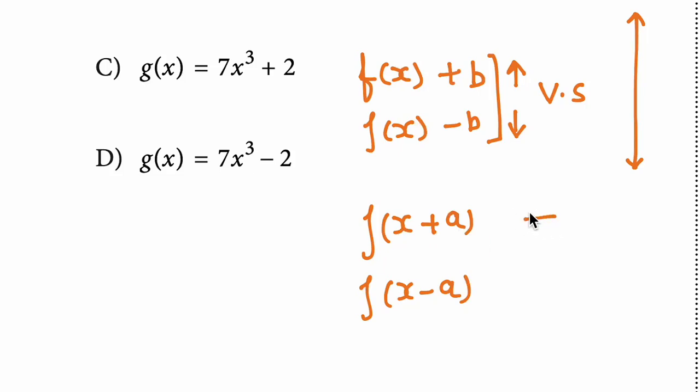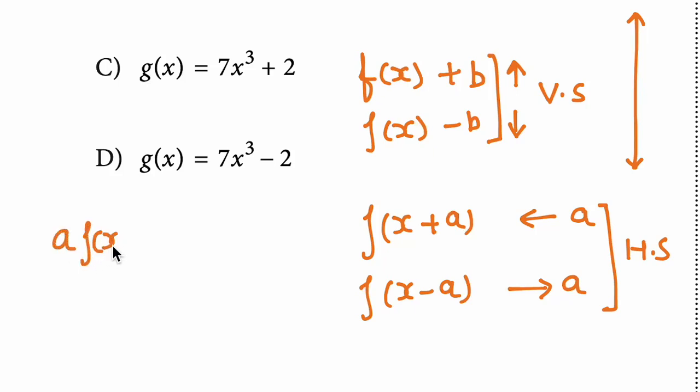So it will move left A points if it is plus A, and it will move right A points if it is negative A. But third, if you multiply it, there is no shift. What is the change? The graph will vertically contract or expand. This is what happens if you multiply.